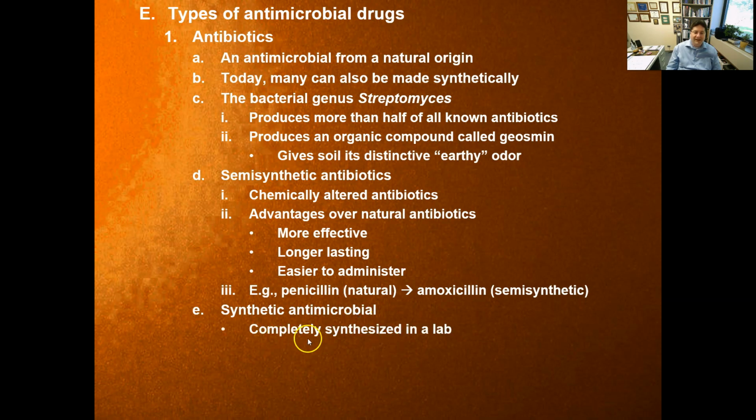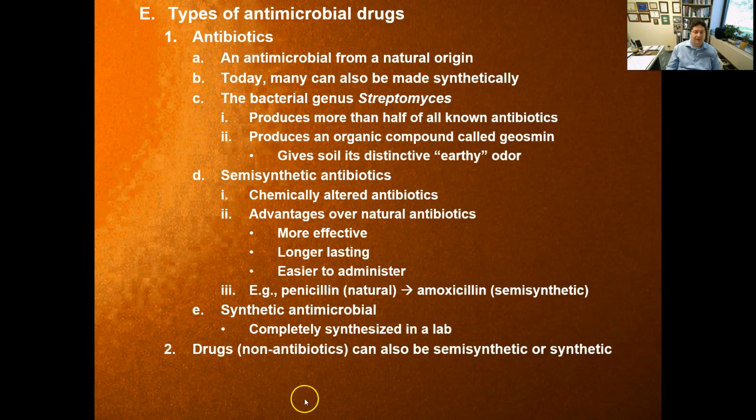These are completely synthesized in the lab. So completely made in the lab. Now, besides antibiotics, other drugs can also be semi-synthetic or synthetic, completely made in the lab or something that started natural and is chemically tweaked. We have antifungals, antivirals, and even antiprotozoans.